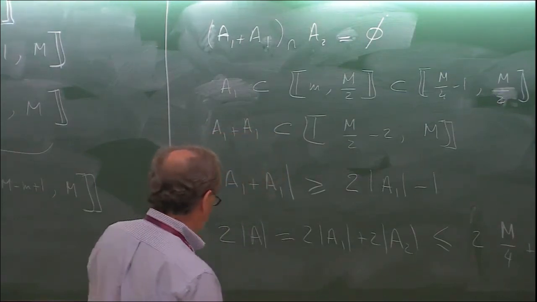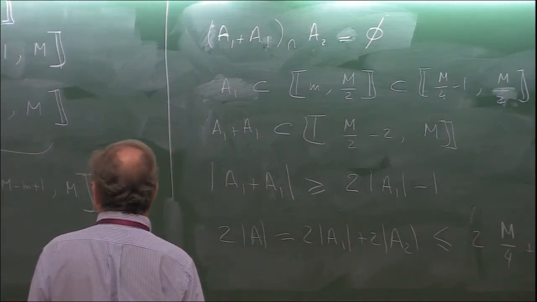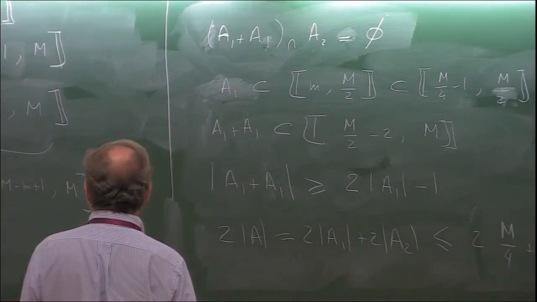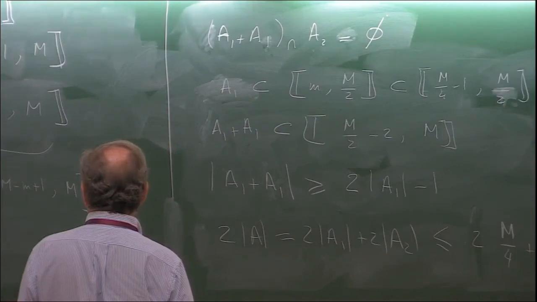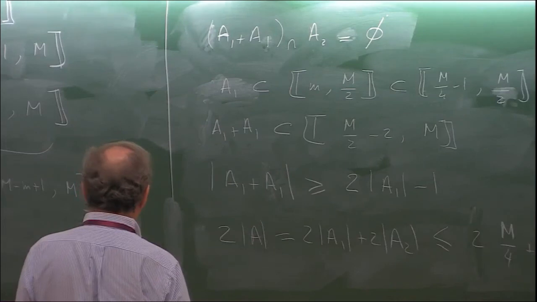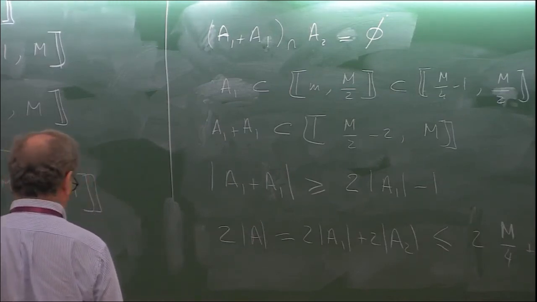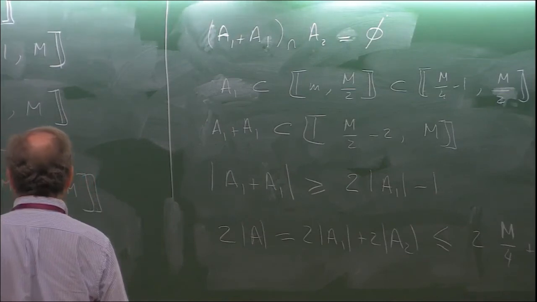A plus A? Yes. The cardinality has to be at most the length of the interval minus the elements of it, because A1 plus A1 cannot intersect A. Is this enough?